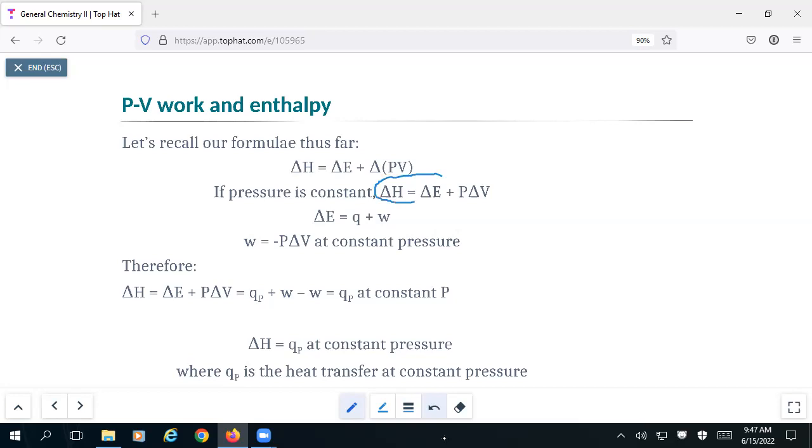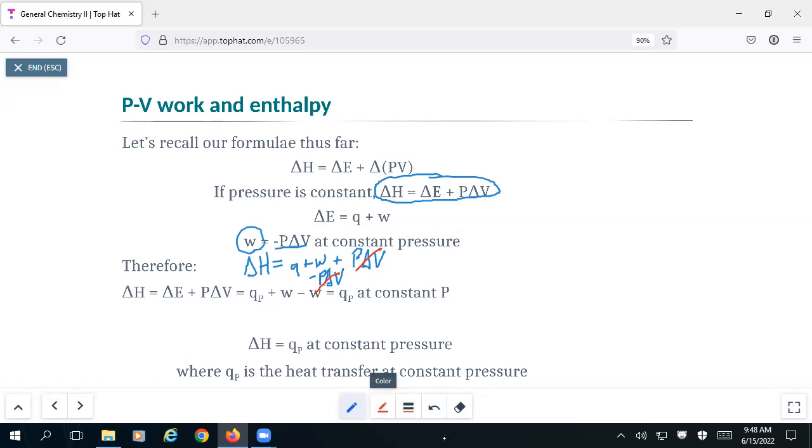Again, here is our definition of enthalpy: delta H is equal to delta E plus P delta V. And taking into consideration that delta E is equal to Q plus W, what we have in this circumstance is our enthalpy change being equal to Q plus W plus P delta V. And if our work is PV work, we can substitute negative P delta V in for W. What I have is negative P delta V plus positive P delta V. So my P delta V terms cancel.